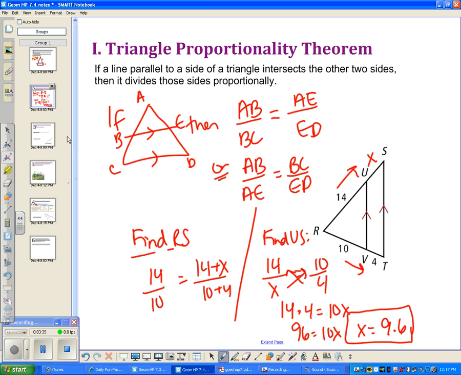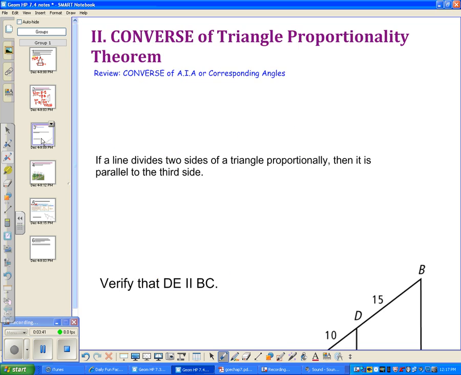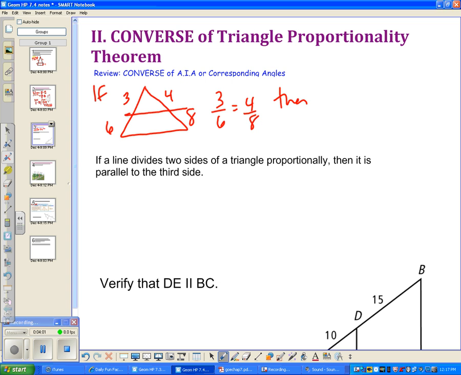The converse, remember, is when you just flip it. So this time, if you have something that looks like parallel lines, but you're not necessarily sure, and you have something like 3 over 6 and 4 over 8, so if the sides are proportional, then those lines are going to be parallel.